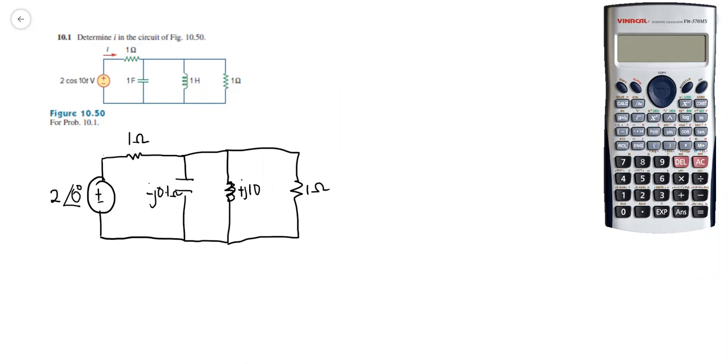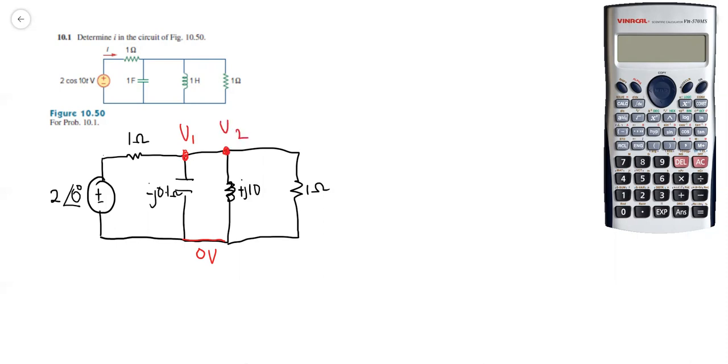using nodal analysis. So the first step after you have converted into a phasor domain is to identify the reference node. The second step is to identify the non-reference nodes. As you can see, we have node V1 and V2 here.